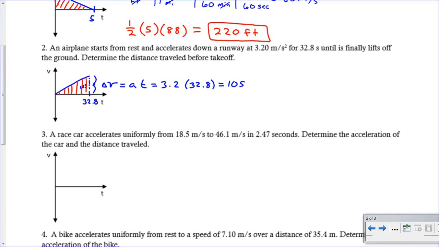And we get the distance traveled equals 1/2 times the base, which is 32.8, times the height, which is 105. Multiply those together, and you should get 1,722 meters.